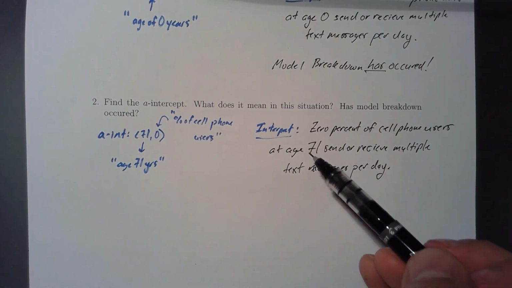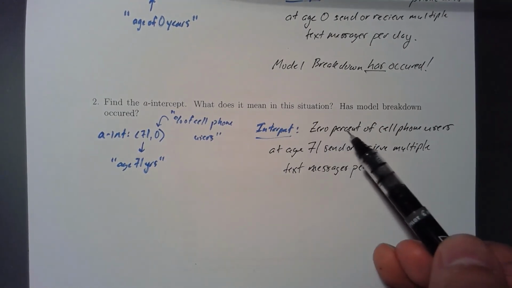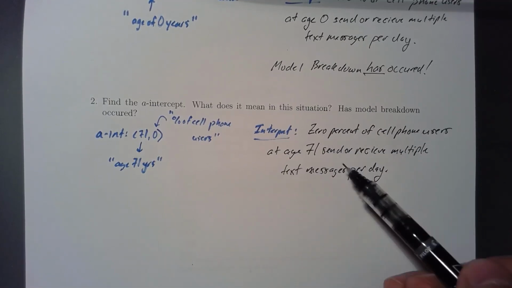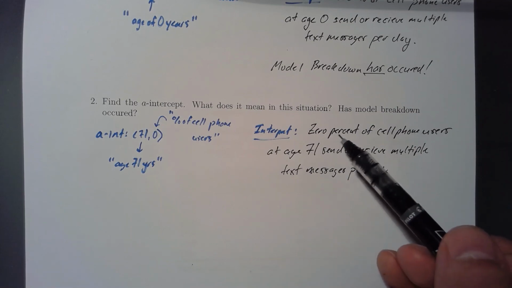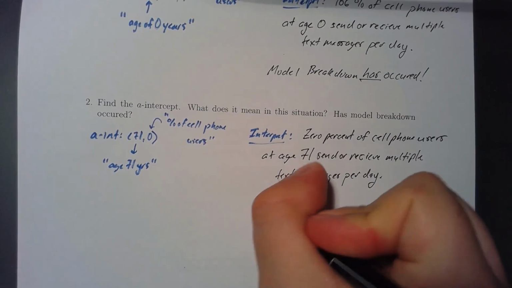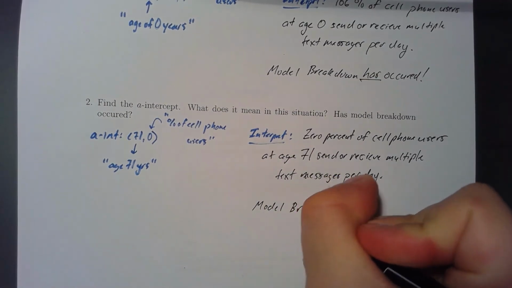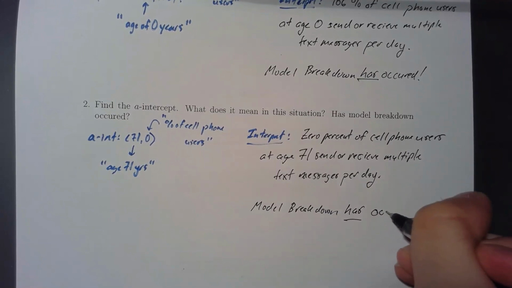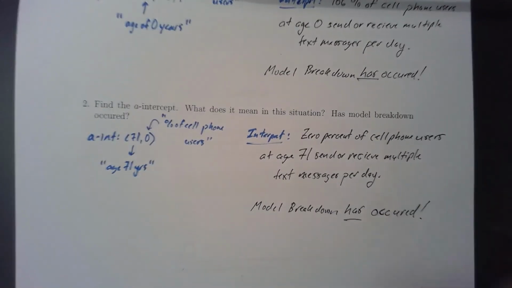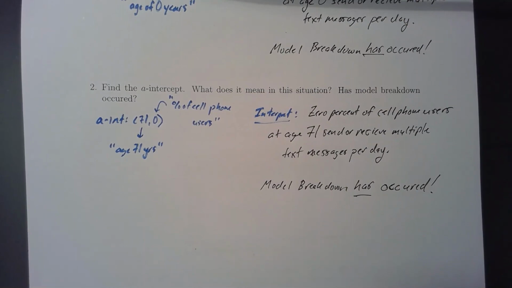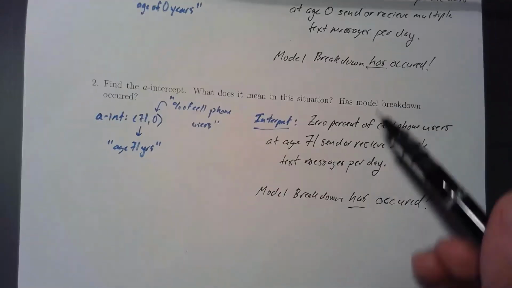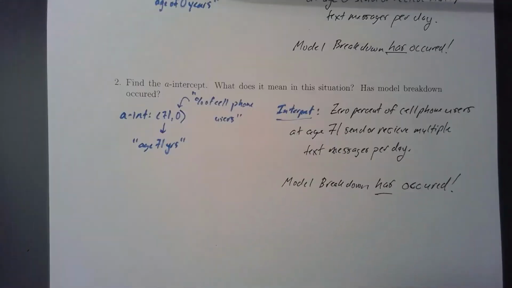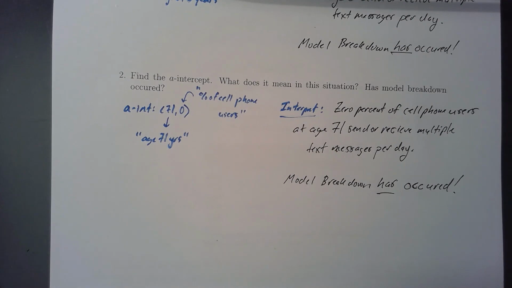I'm sure there are people at age 71 that have a cell phone and are using it. You're bound to find at least one person, or at least 0.1%. There are at least some people that use a cell phone. Just like up here, no newborn child is going to use a phone. So both cases are an example of model breakdown.